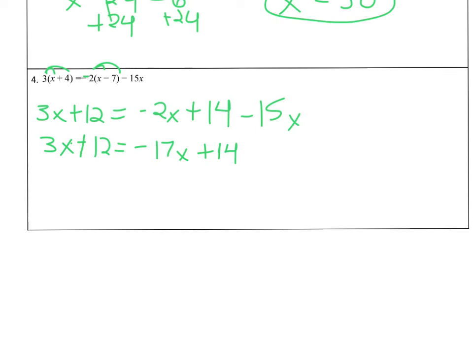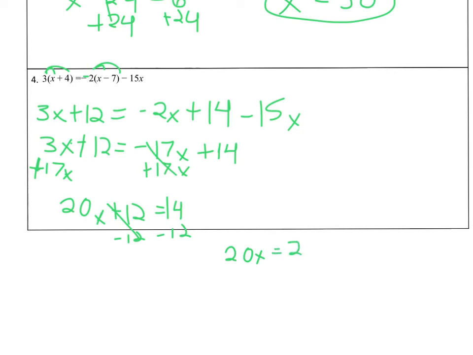In this case, I think the most logical thing would be to add 17x to both sides. So that becomes 20x plus 12 equals 14. And then from there, subtract 12. This becomes 20x equals 2. And then divide both sides by 20.